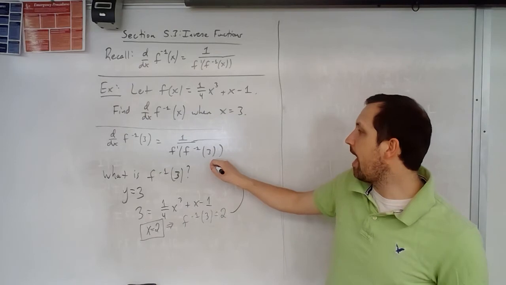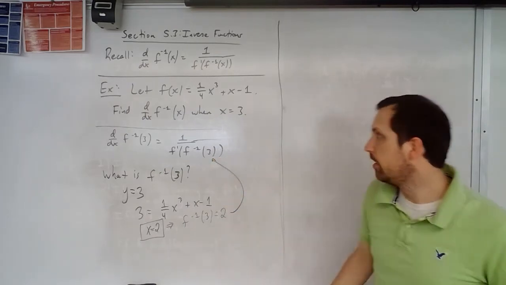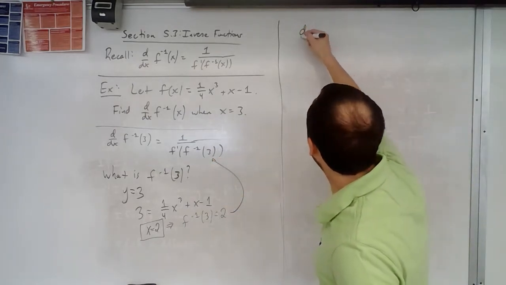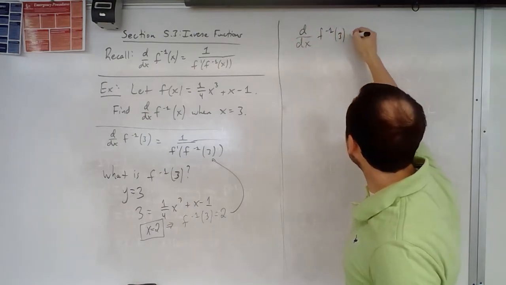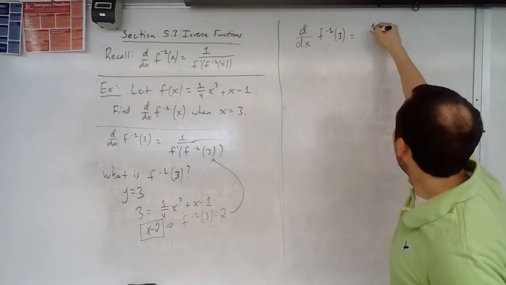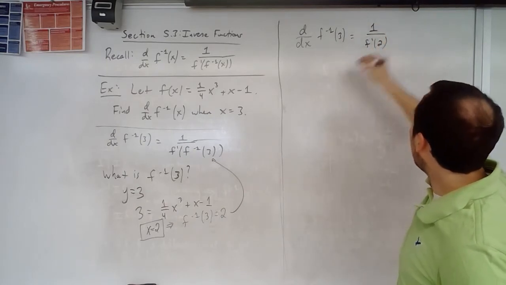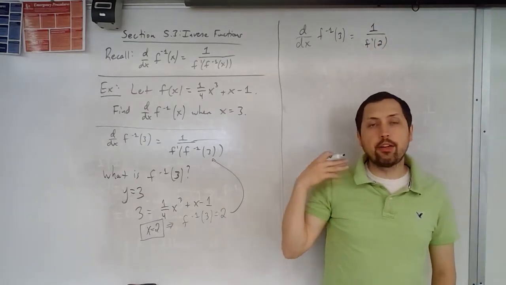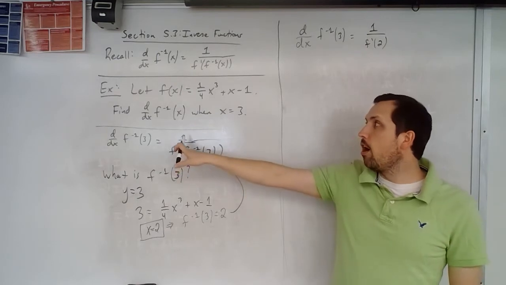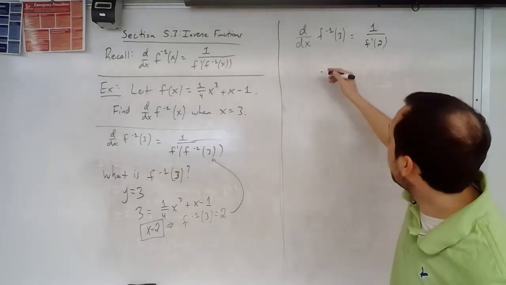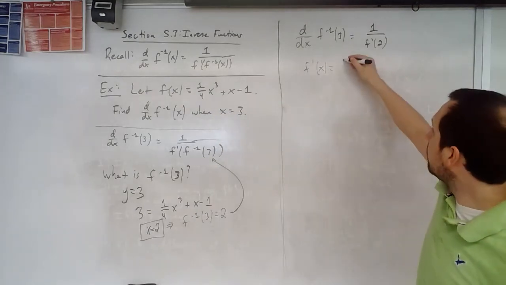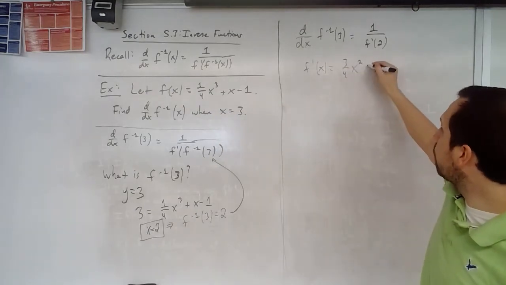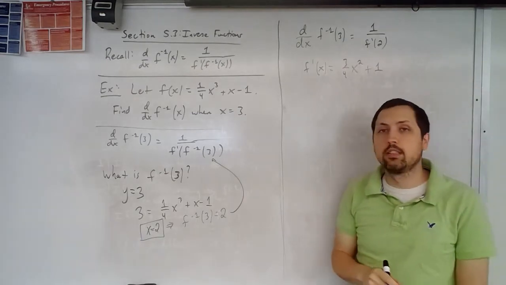So I can plug that in there. This gives me what I'm looking for: the derivative of f inverse at 3 is equal to 1 over f prime of 2. So now I need to find the derivative of the function. We know that the derivative of f is simply 3/4 x squared plus 1.